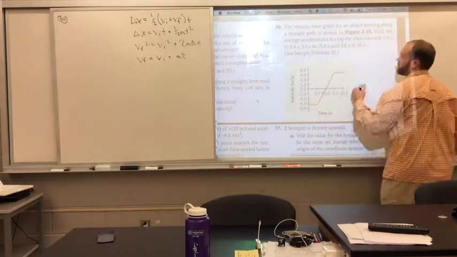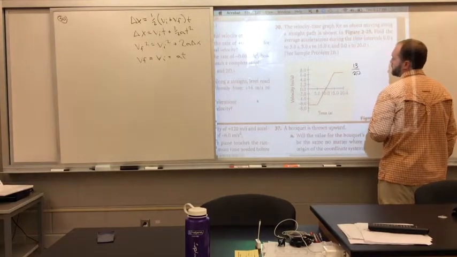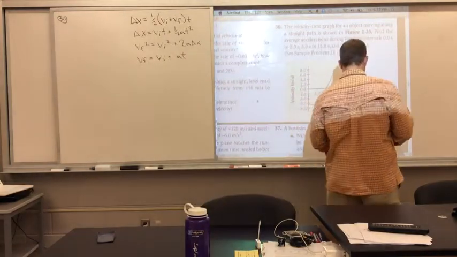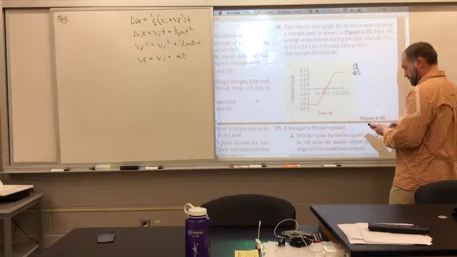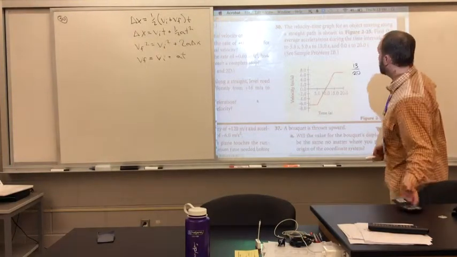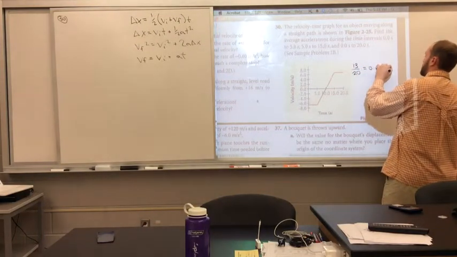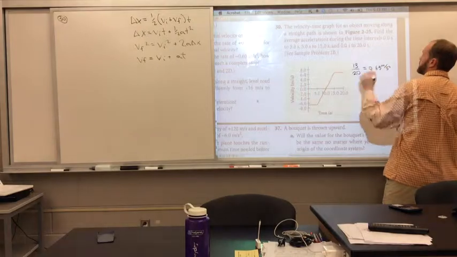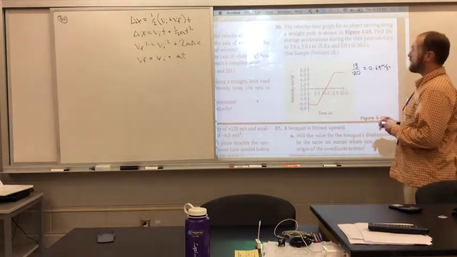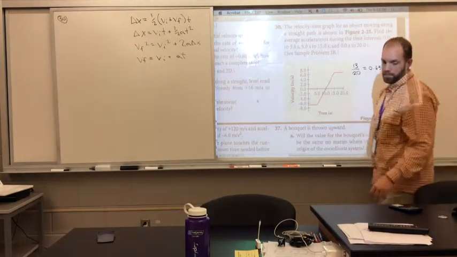So your answer would be 13 divided by 20, which is, what's that? 0.65, maybe? Yeah, 0.65 meters per second squared. All right, they're just checking to make sure you can read a graph, really, at that point. All right, moving on.